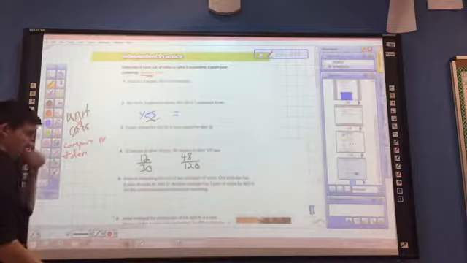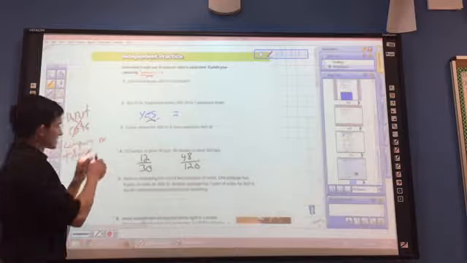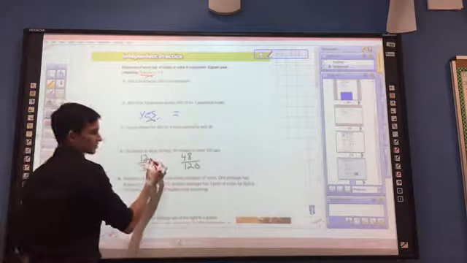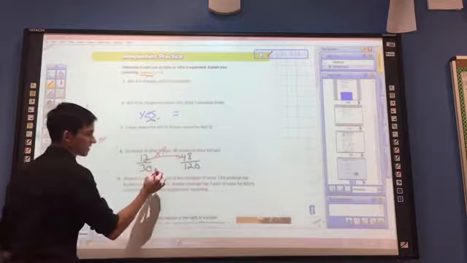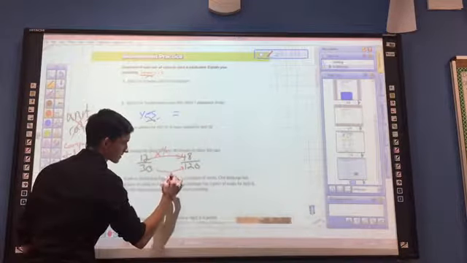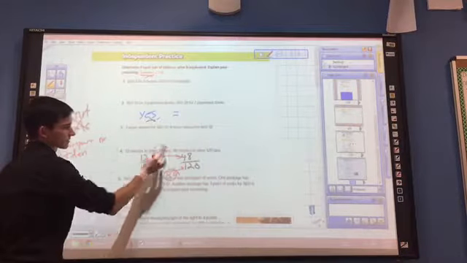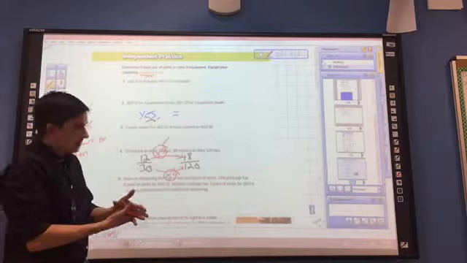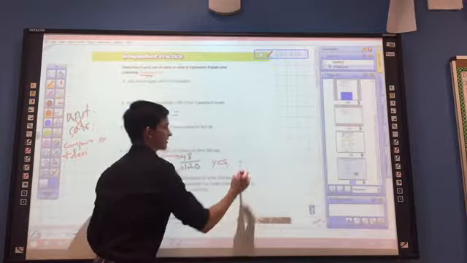That's too tough. But if I'm good with numbers, I can see how 12 times 4 is 48, and 30 times 4 is 120. So you see how they're both times 4? They're both the same, so yes, those are equivalent.